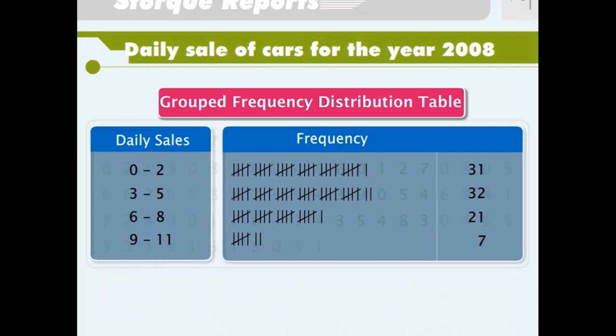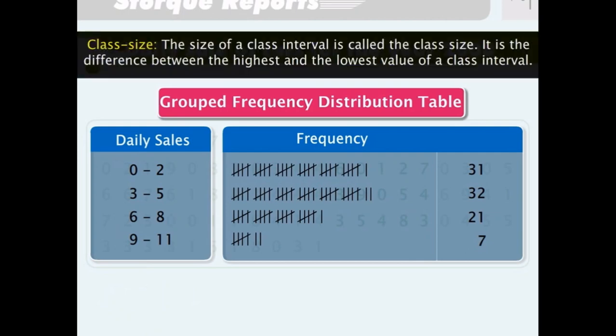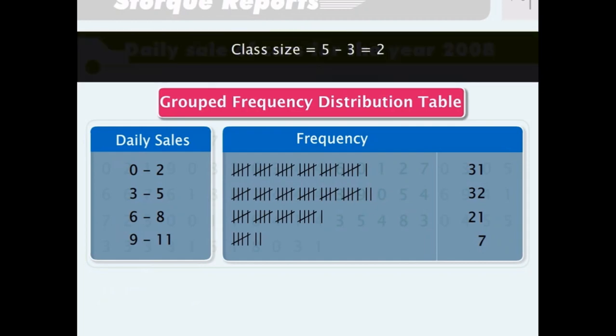The class intervals are formed by observing the data and deciding on the size of a class interval. The size of a class interval is called class size or class width. It is the difference between the highest and the lowest value of a class interval. For example, here the class size is 5 minus 3, which is 2. Observe that the size of all class intervals is the same.